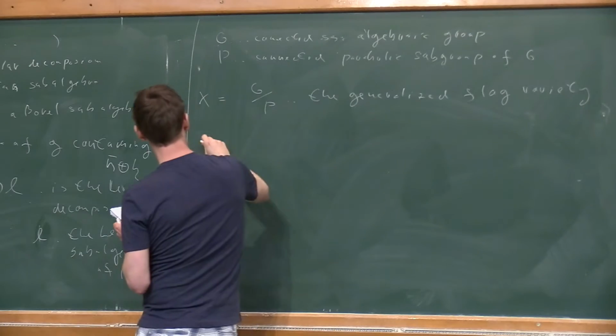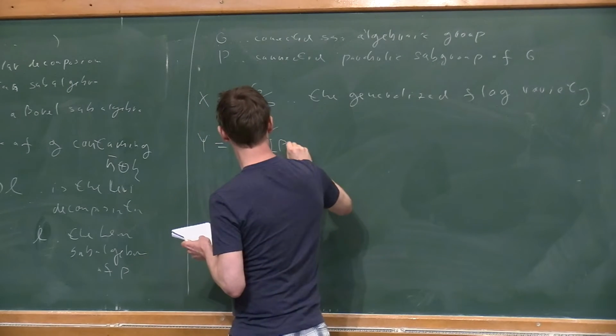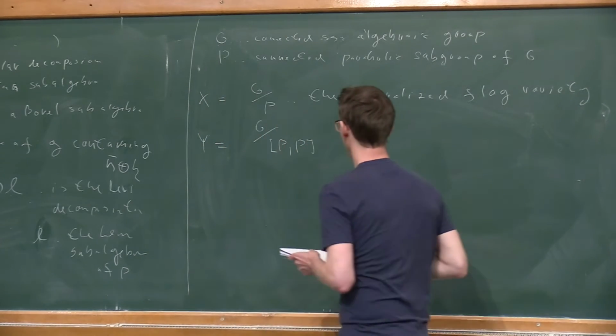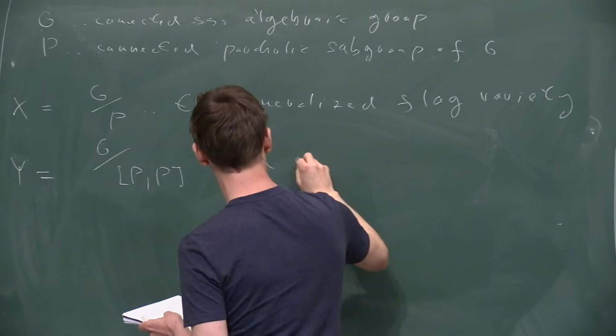I can also consider another variety, G over the commutator subgroup of P, usually called the generalized base affine space.